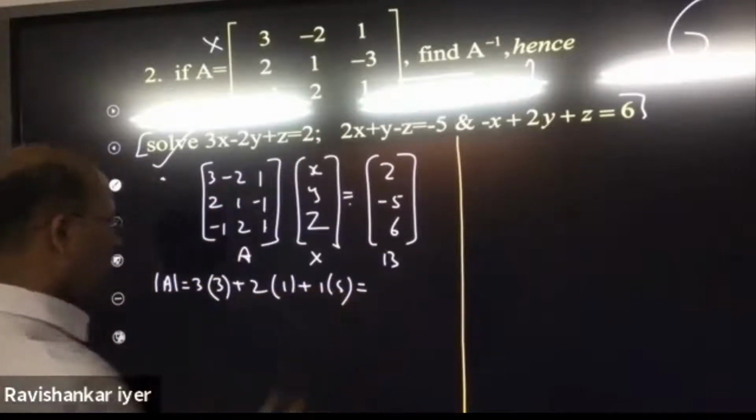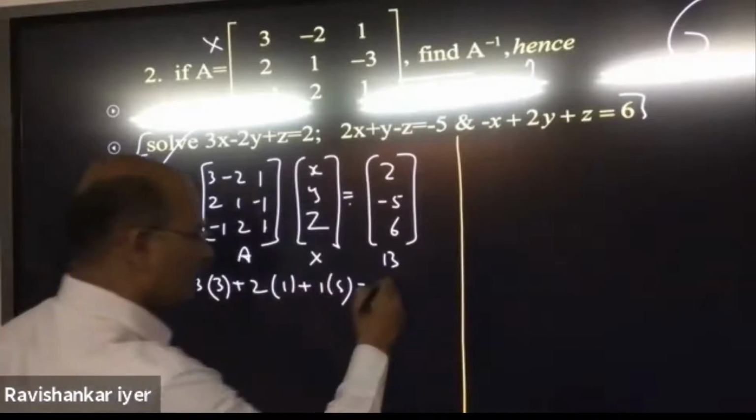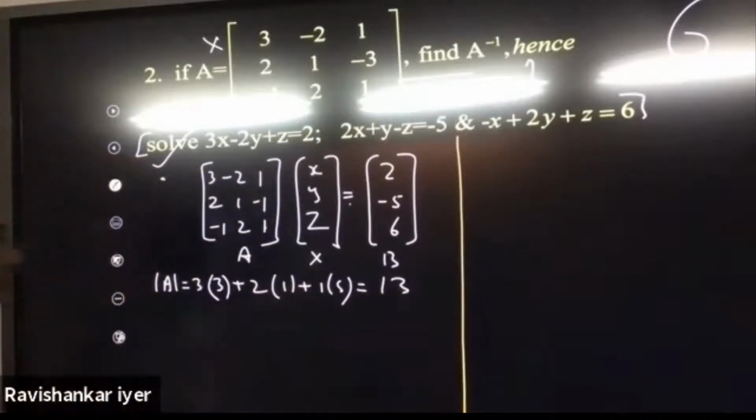So I got 8 plus 5, 13. Let me just confirm at my end, children, so that there is no mistake.